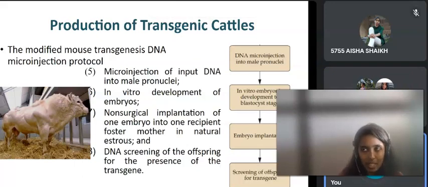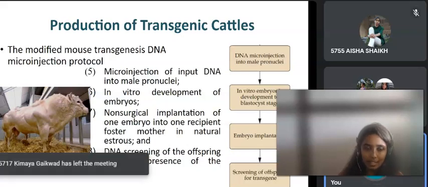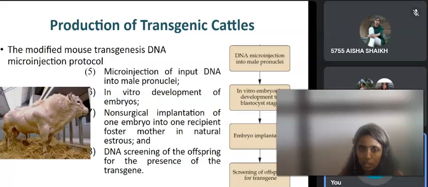We can also produce a recombinant DNA and transfer that. But in case you don't have anything in mind, you can just take a normal DNA with a good feature, or you can also take a recombinant DNA, and then microinject it into the male pronuclei. This is what we did in the DNA microinjection. We are doing that only here.